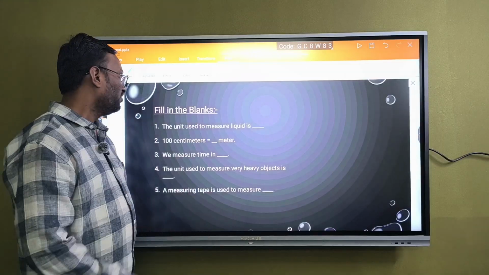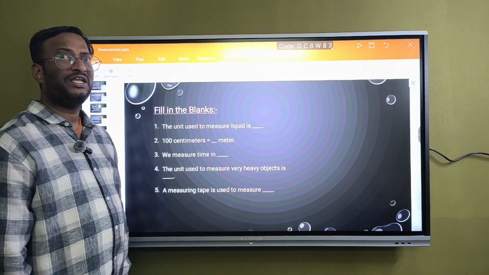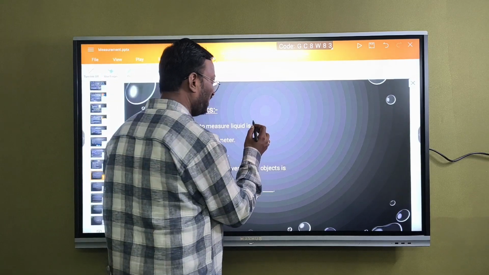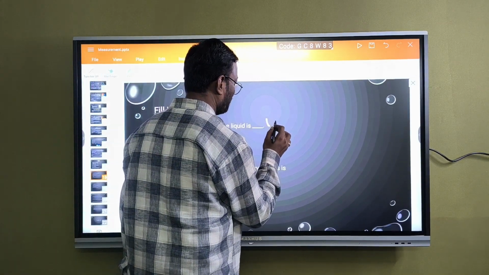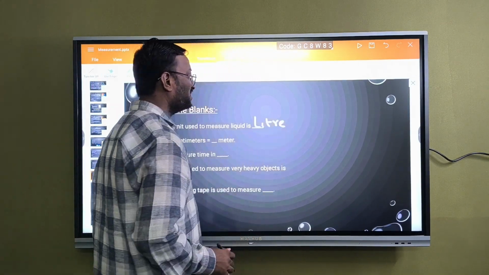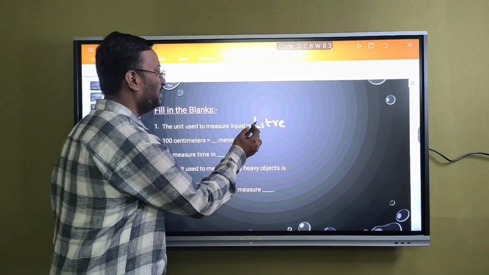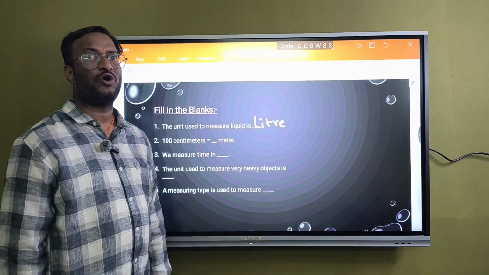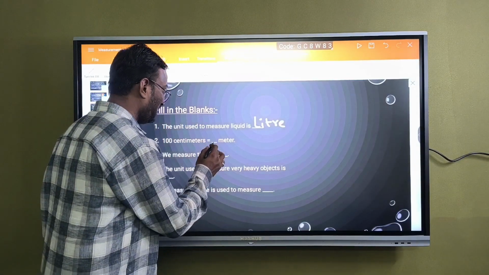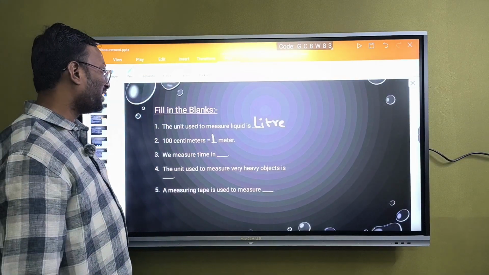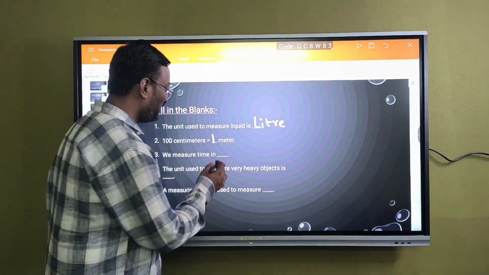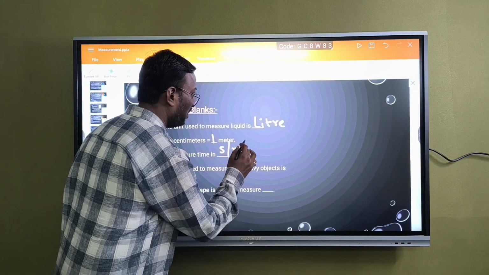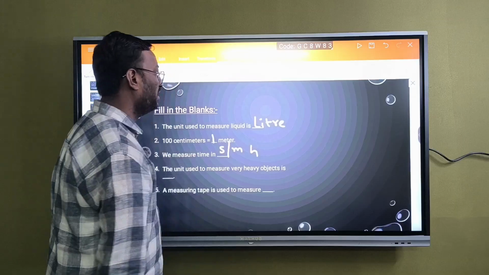Next we go for fill in the blanks. The unit used to measure liquid is, what is the unit? Liter. Liter is the unit used to measure liquid. Next, 100 centimeters is equal to how many meters? 1 meter. We measure time in seconds or minutes or hours.